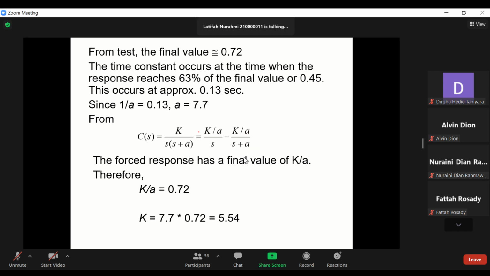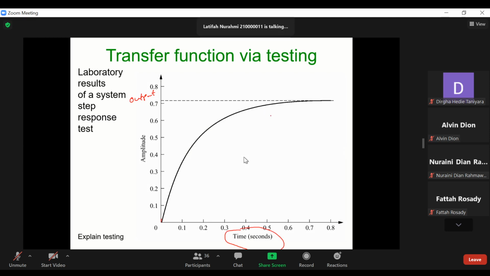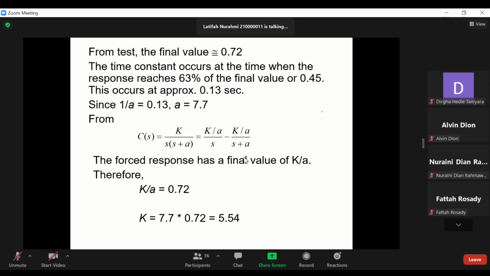So now from the test, the final value is around 0.72. So from here, what do you think is the final value? Of course, the final value is when t goes to infinity, and this is our t going to infinity, and here is what we call our final value. So from testing, the final value is approximately 0.72.